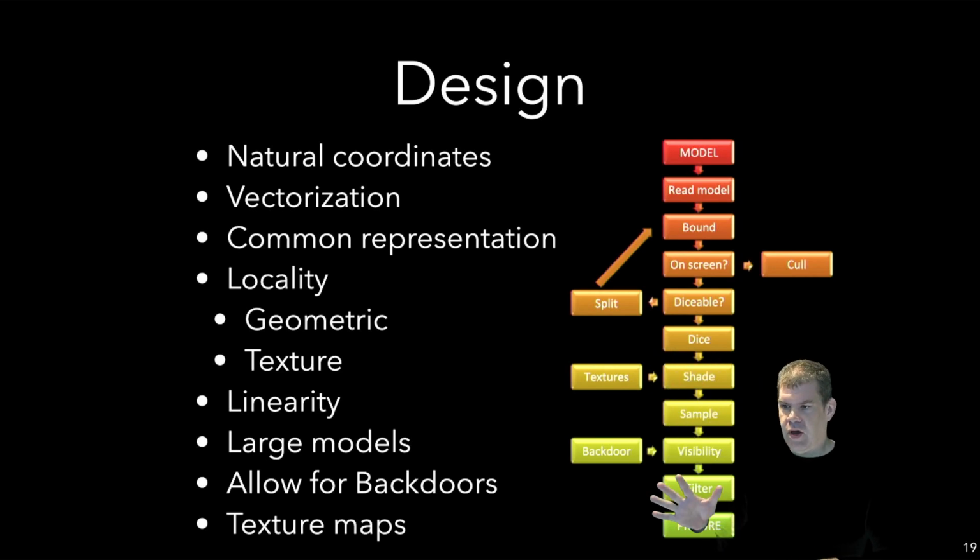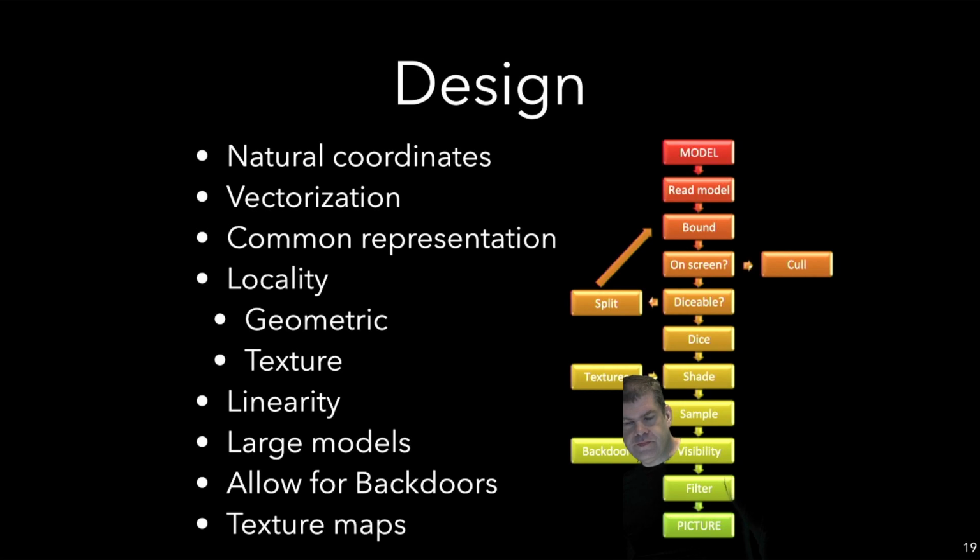So let's just walk through. Dice sound like little squares, not triangles? Yes, that's correct. But what is the output of a rasterizer? What's the shape of a pixel? Is this a triangle?